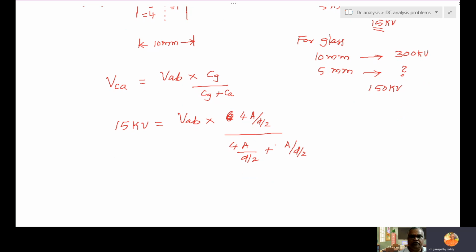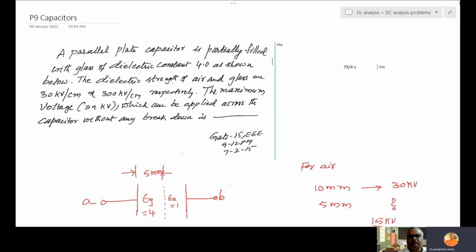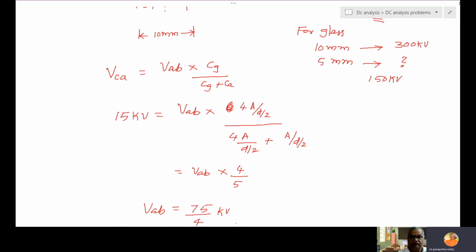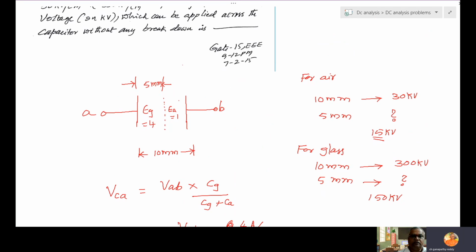So A by d by 2 cancels, giving VAB into 4 by 5. VAB from this is 75 by 4. So if 75 by 4 kV is applied, then there will not be any breakdown in the capacitor.